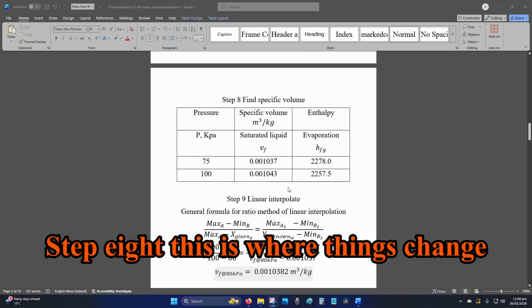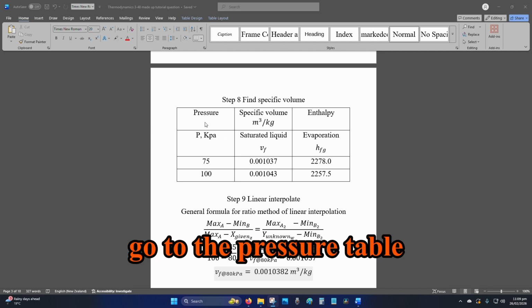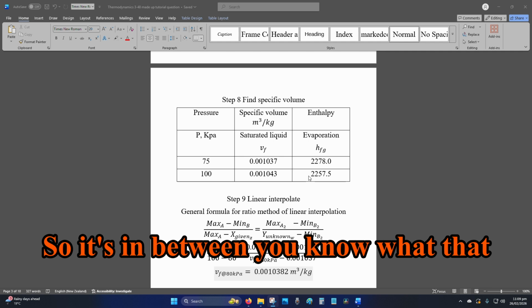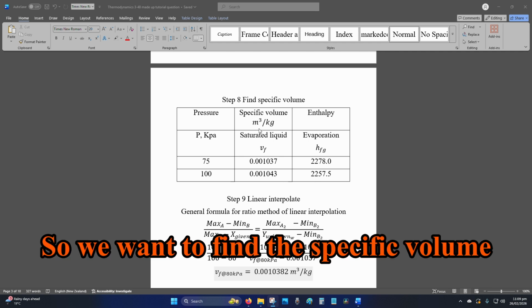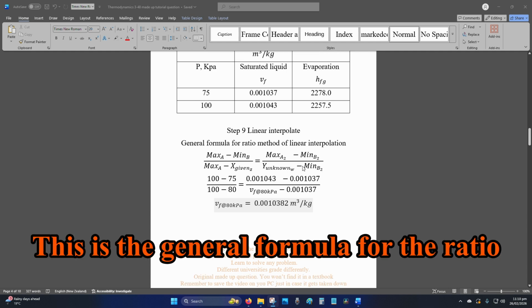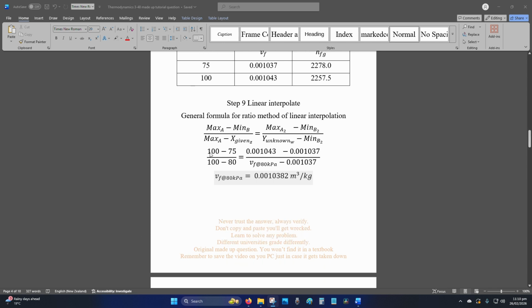Step 8, this is where things change. Since it's 80 kPa, we go to the pressure table. So it's in between. You know what that means. We need to linear interpolate. So we want to find the specific volume. Step 9, linear interpolate. This is the general formula for the ratio method of linear interpolation.